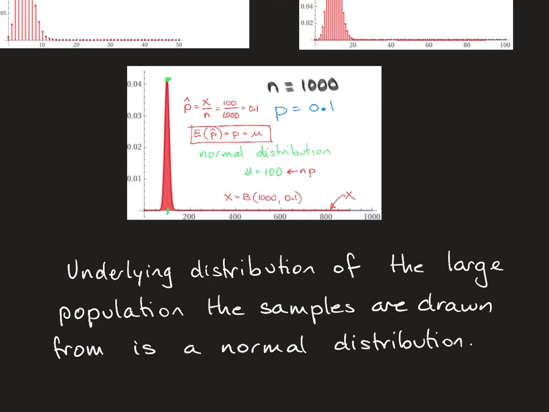The underlying distribution of the large population, the population that we're drawing the samples from, is a normal distribution.